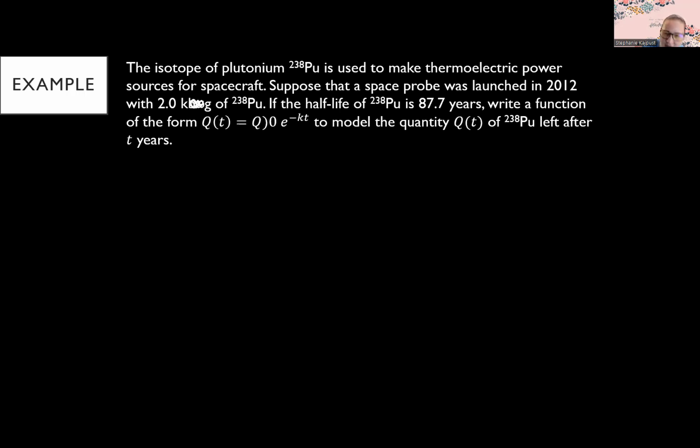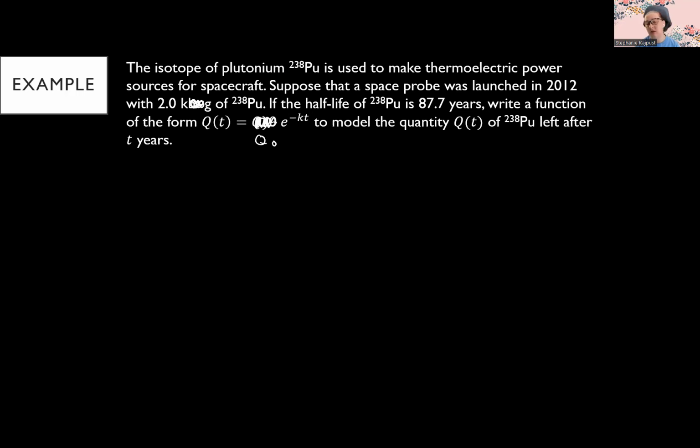If the half-life of plutonium-238 is 87.7 years, write a function of the form Q of T equals Q naught e to the negative KT to model the quantity Q of T of plutonium-238 left after T years.